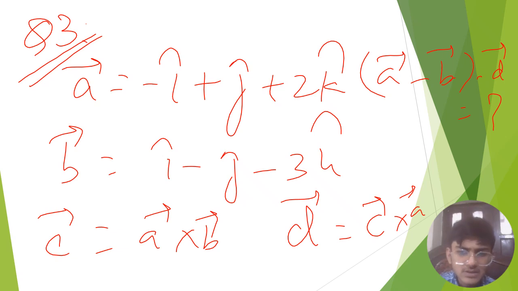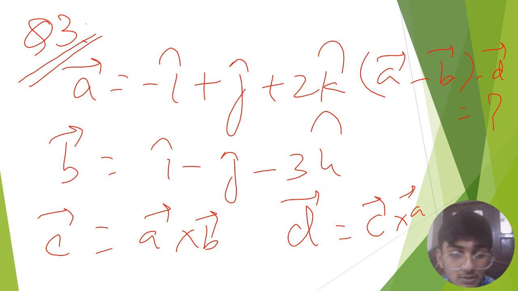So it is a little lengthy problem, because first you have to find this A cross B. Then you will get C vector. Now this C vector and this A vector, you have to do its cross product, then you will get D vector, and then you can compute this.